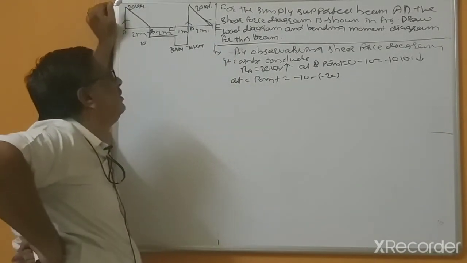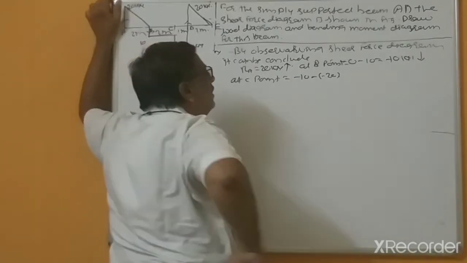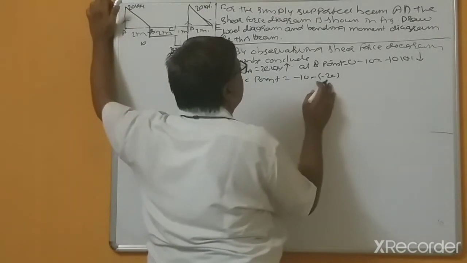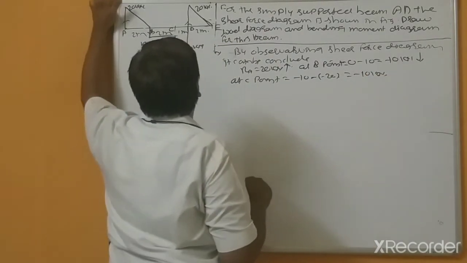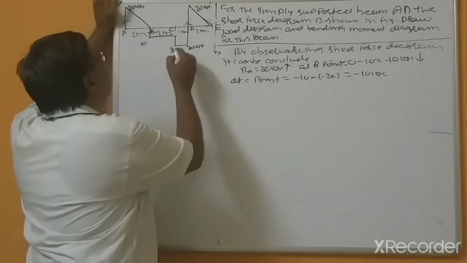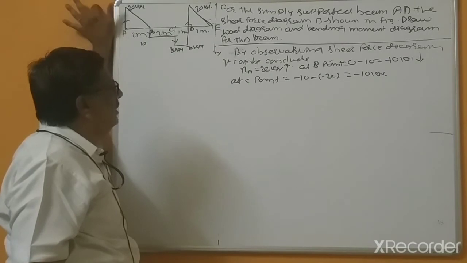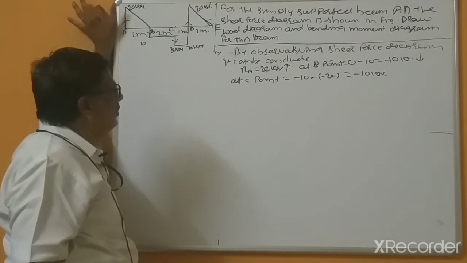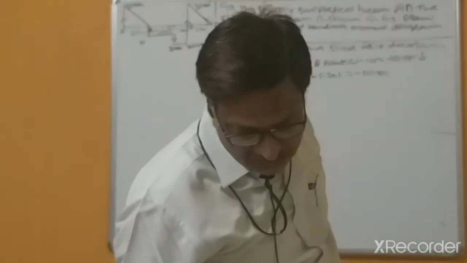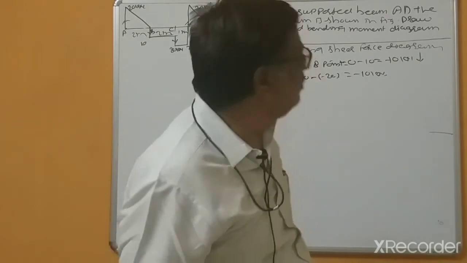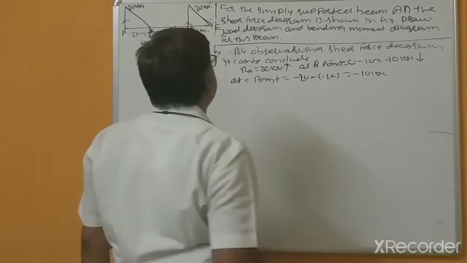All right. So this is equal to, again, because minus 10 to 10, 10 kilonewtons downward. Minus 10 minus this is considered, so that's why minus 10.